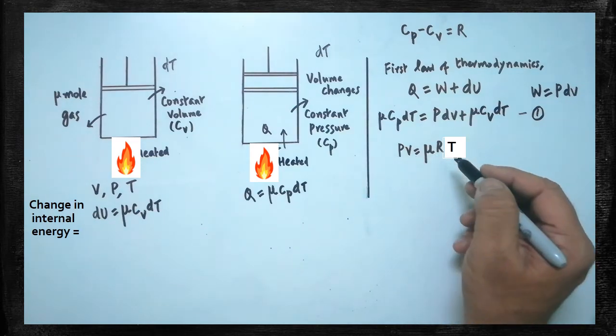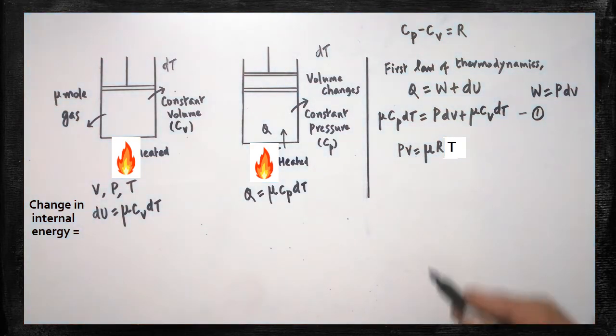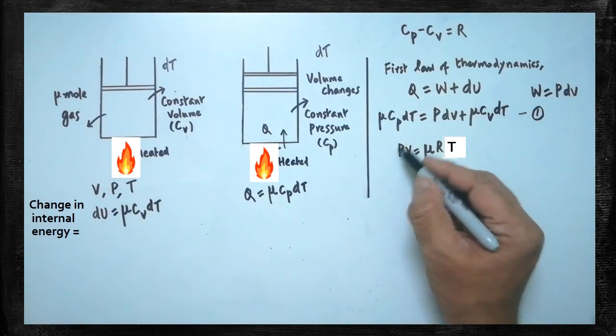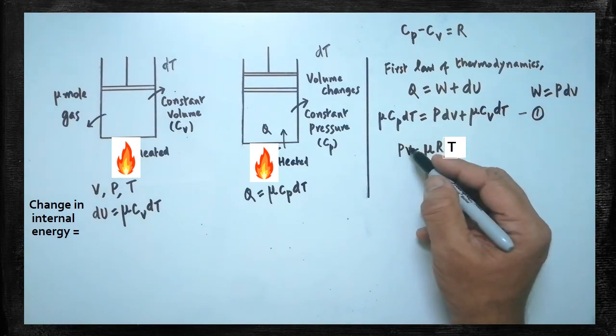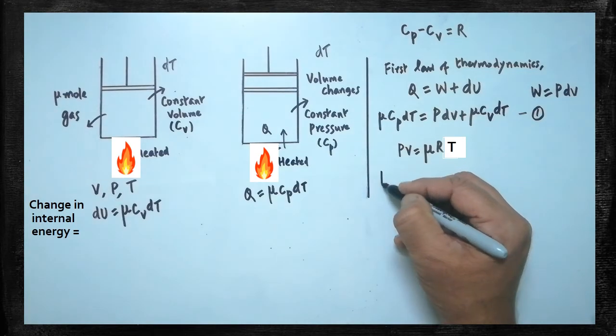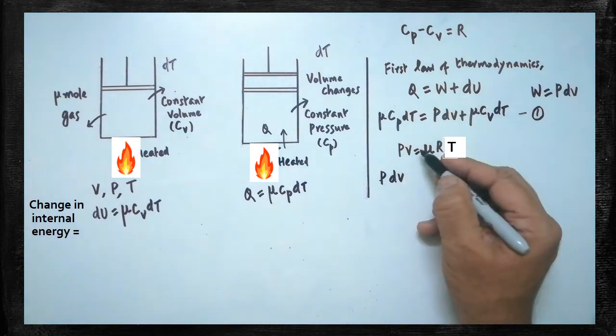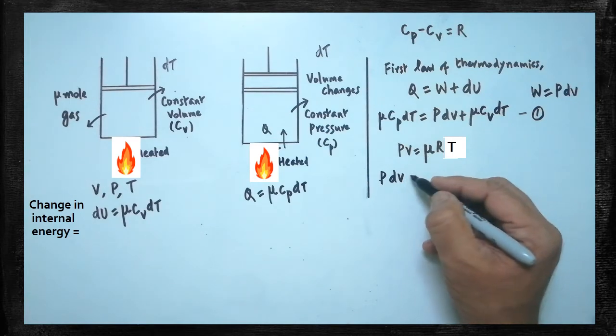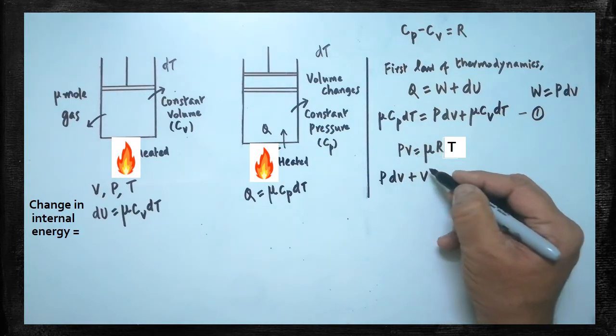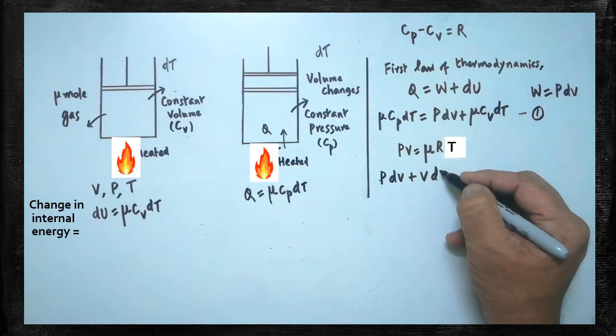Then the LHS part is to be differentiated. One factor is kept constant while the other factor is differentiated. P is kept constant and V is differentiated, dV. And V is kept constant and P is differentiated.